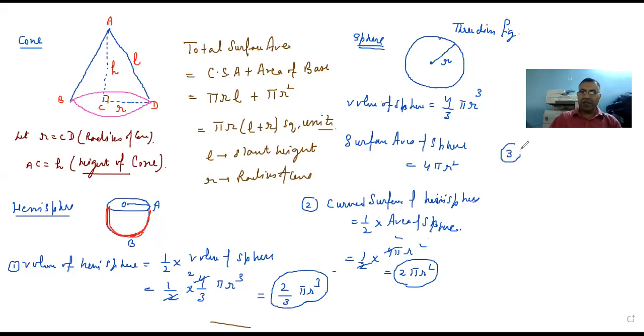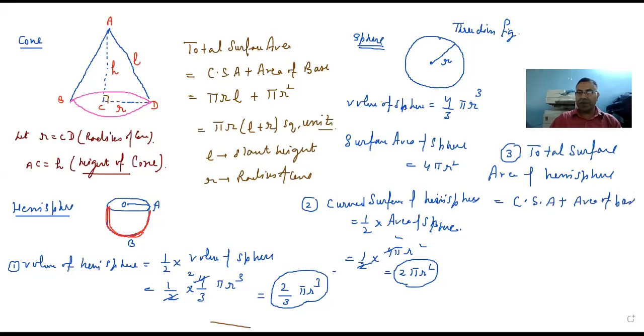Now 3, total surface area of hemisphere. This is equal to curved surface area plus area of the circular base.